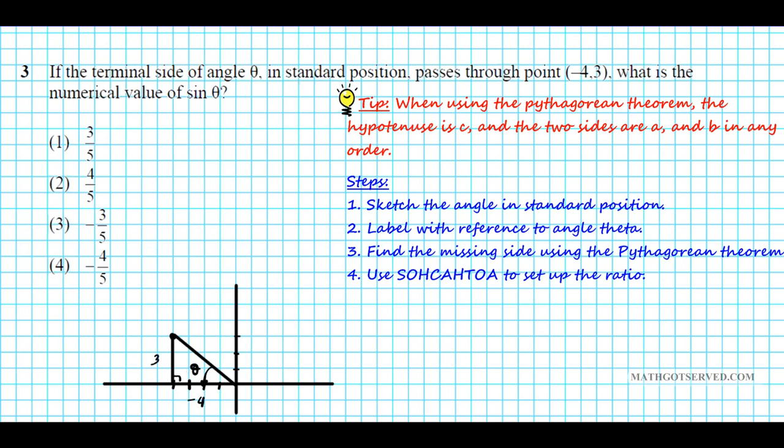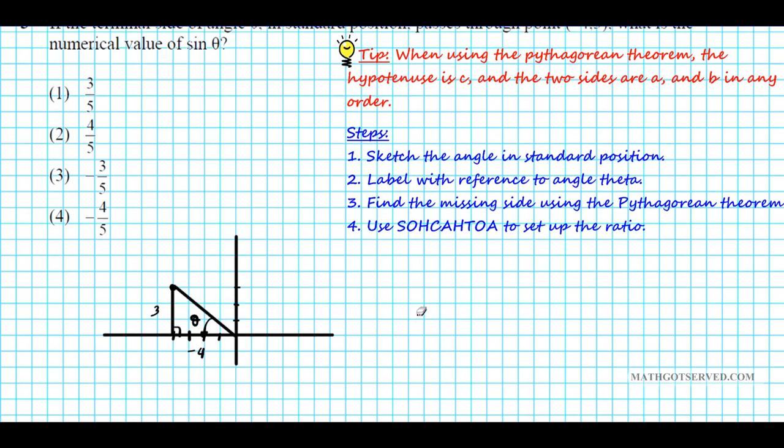Now, we want to find sine theta. In order to find sine theta, we're going to have to use SOHCAHTOA. SOHCAHTOA depends on the labels on the sides of a triangle: opposite, hypotenuse, and adjacent. So what is the opposite here? What is the hypotenuse, the adjacent? The side opposite theta is always your opposite, the O in SOHCAHTOA.